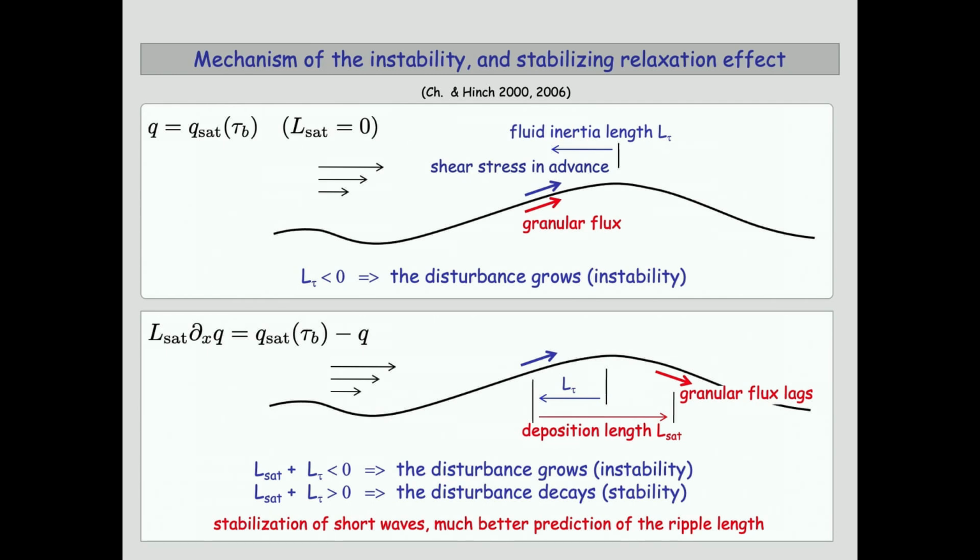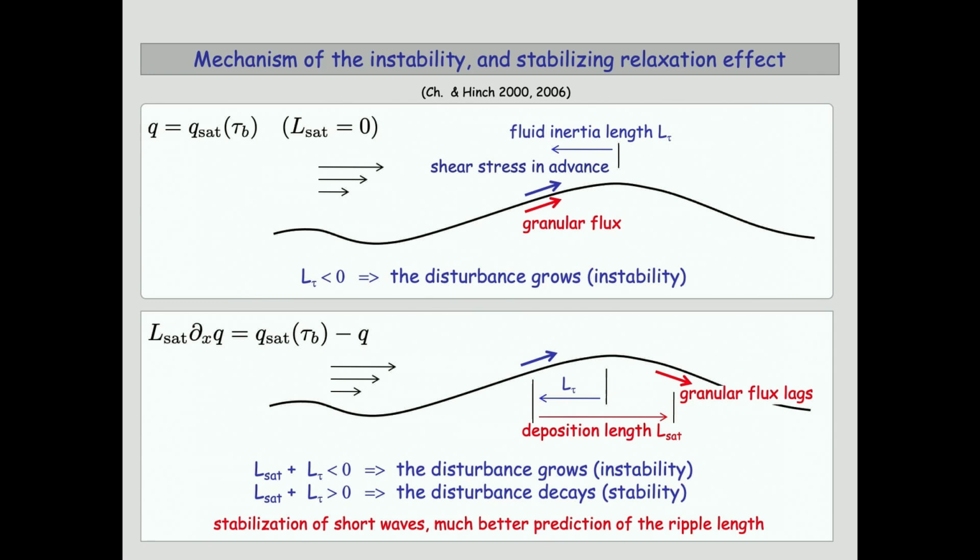If the particle flux is the saturated flux, then the granular flux is in phase with the shear stress. Since there is a phase advance of the granular flux, particles accumulate on the crests, and so we have an instability. The amplitude of the ripple grows.